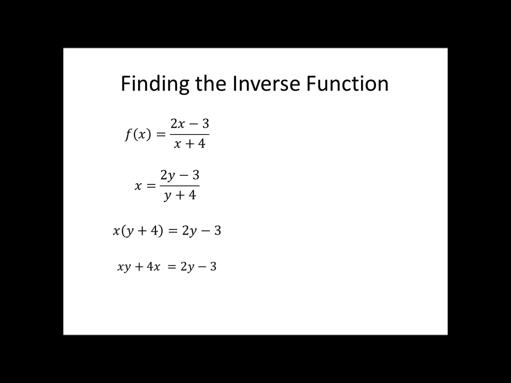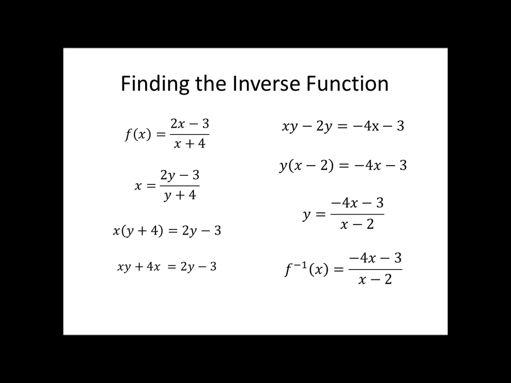Distribute my x, and now whatever has a y I'm going to get on one side of the equal sign. Everything that doesn't have a y is going to end up on the other. So I move the 2y over, I move the 4x over. Now the reason I did this is so that I can factor out my y. Now I just need to divide by x minus 2. And I'll write it in inverse function notation.